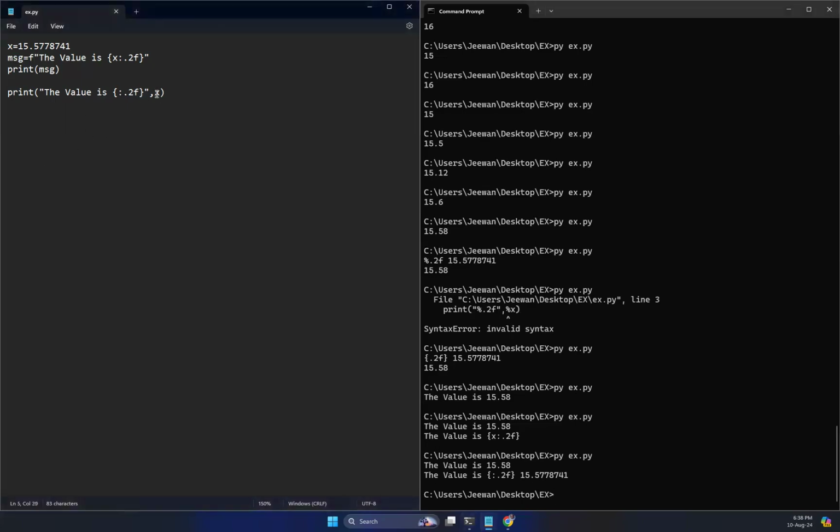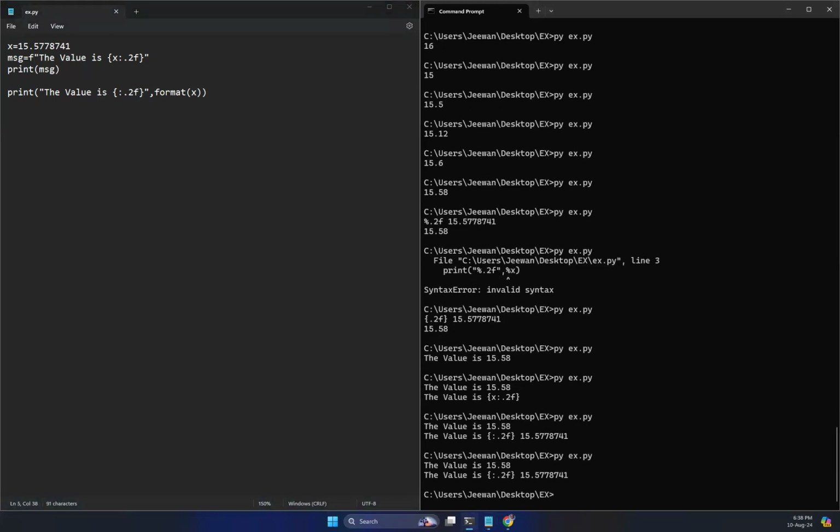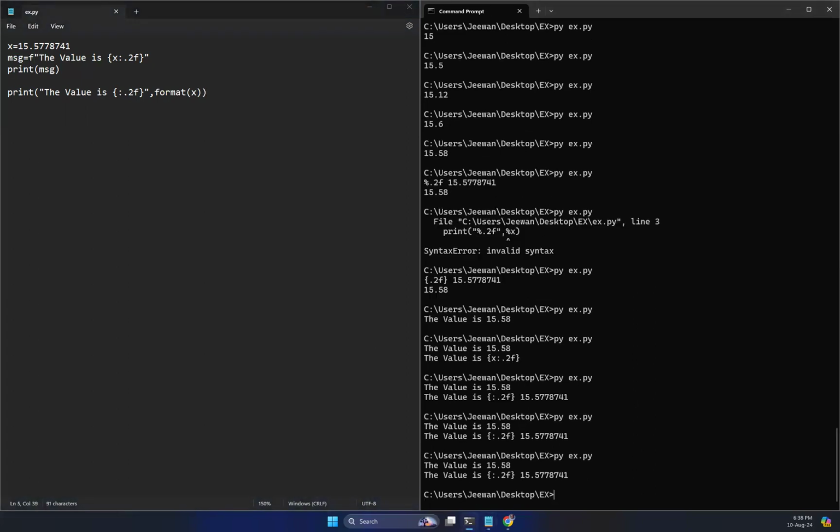Here you have to do it using the format method. Now I think this might be the way. Format text. The value is 15 colon point two.